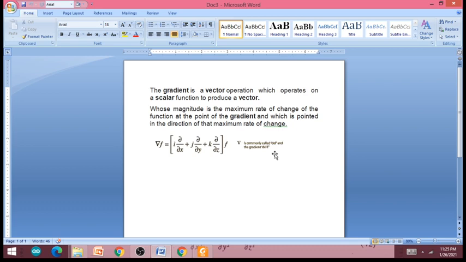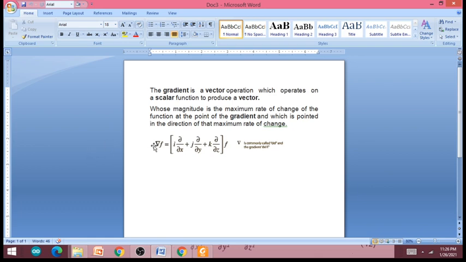So the gradient is ultimately found on a scalar function, and it gives the maximized rate of change in that particular direction.